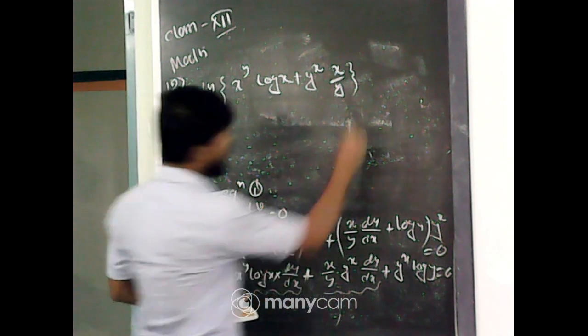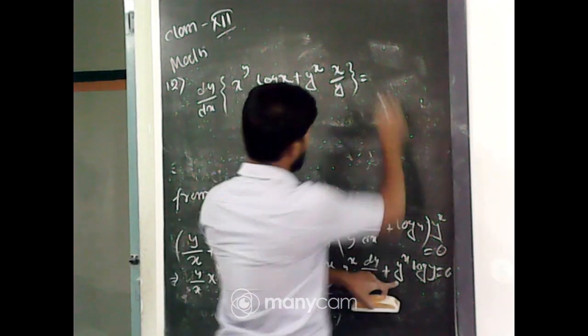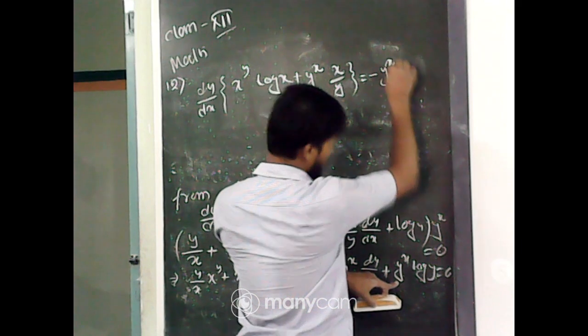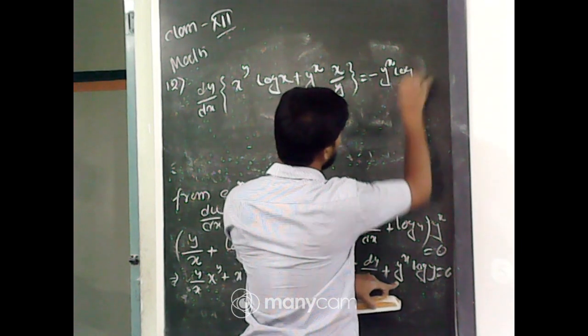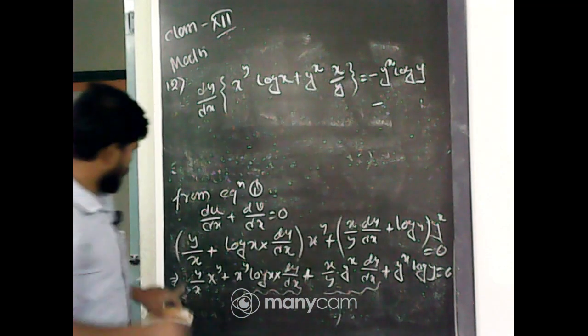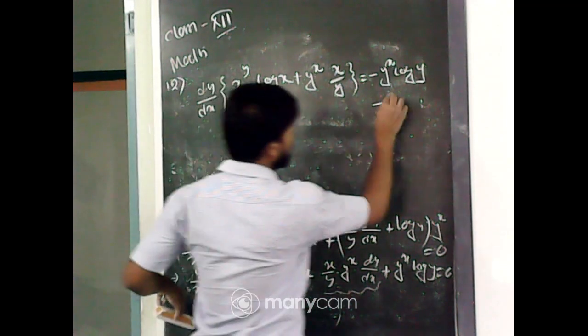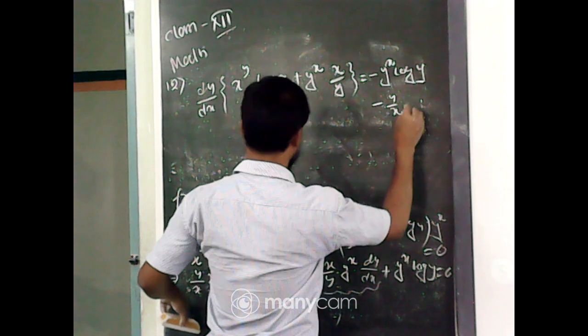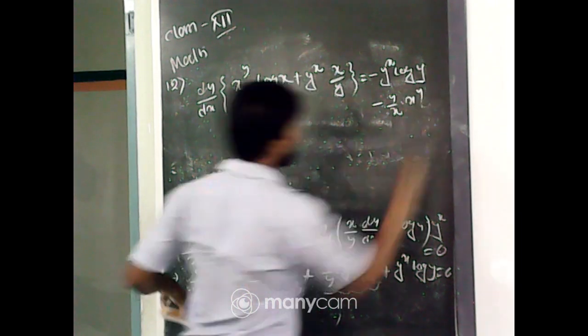That will be equal to minus y to the power x log y minus y by x into x to the power y.